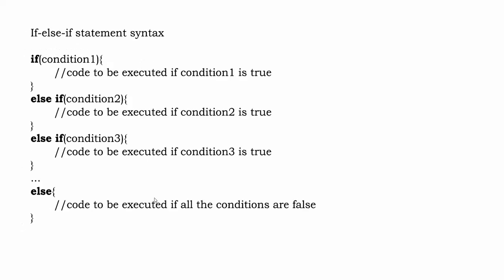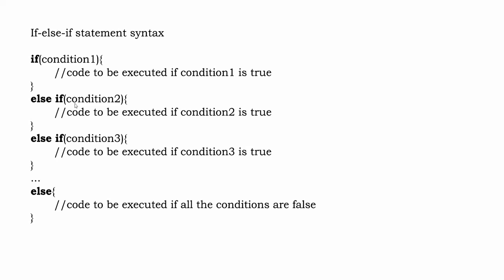In case of if else if, if condition 1 is satisfied, then this particular code will be executed, whichever is true, that block will get executed. Here else if will come into picture. Why? Because we will write one if statement.